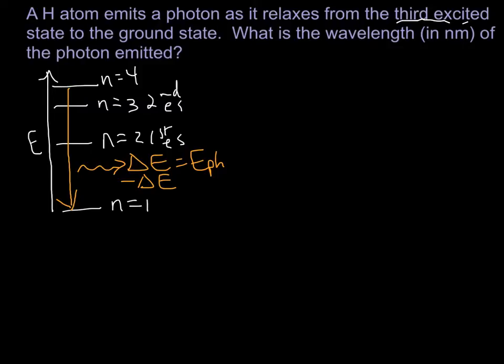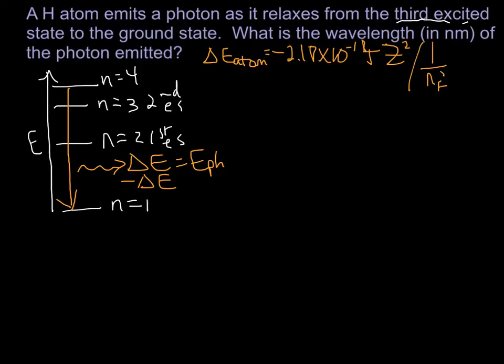Delta E atom, the change in energy of the atom, in this case our hydrogen atom, is negative 2.18 times 10 to the negative 18 joules times Z squared, times 1 over n final squared minus 1 over n initial squared.